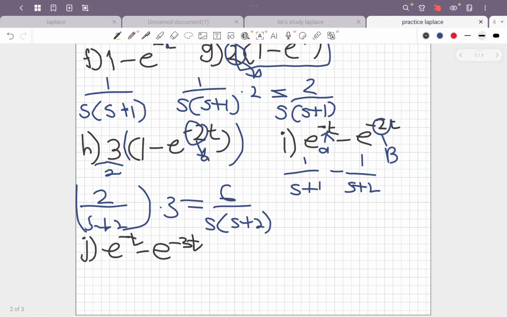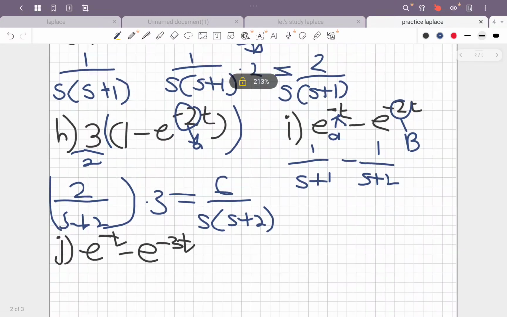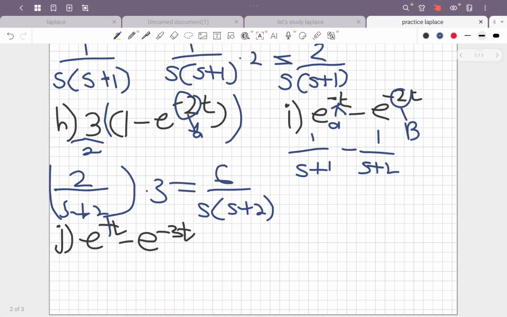We will still refer to this same rule, which is rule number 13. Here's an invisible one, which will be our A. This is our A. This is our B. Our final answer will be.